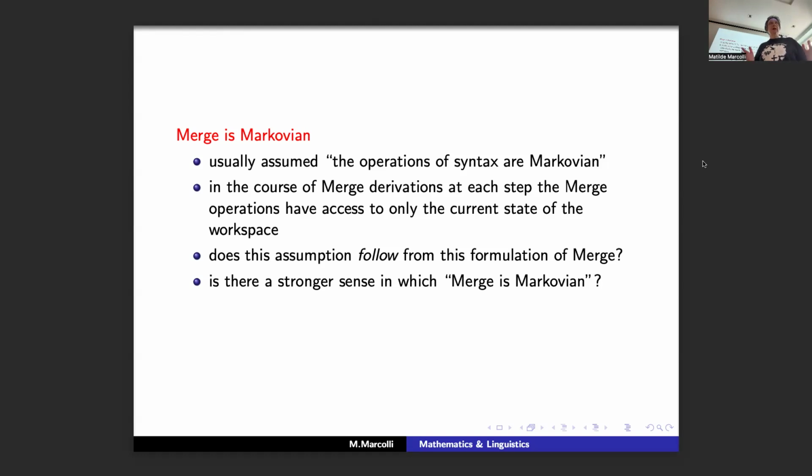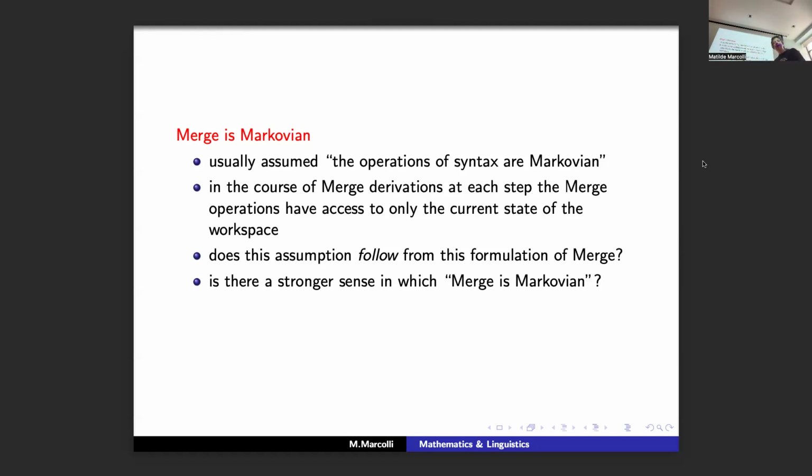And so this comes back to the idea that I was discussing about Markov chains in Hopf algebras. Normally, merge being Markovian is assumed as part of the model, by saying that your merge derivation at each step should only have knowledge of the current status of the workspace and not have memory of previous ones, which is a reasonable assumption to make.